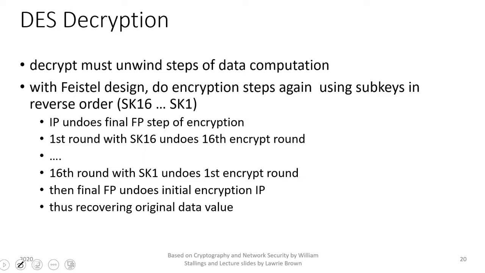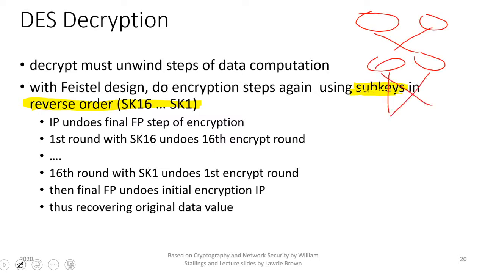Then, as I said, the decryption is fairly straightforward. It is just the reverse, using the keys in reverse order. We take the same subkeys that we used in the encryption, but we use them in reverse order. We go through the same Feistel structure in the 16 rounds, in the same order.